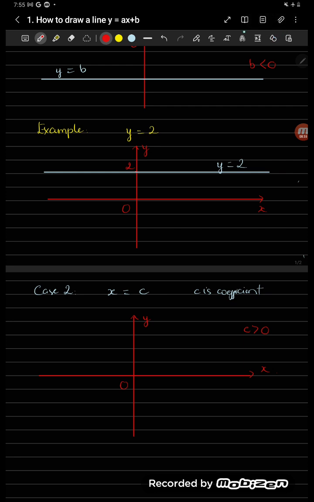In that case, the line is parallel with Oy and on the right-hand side of Oy. Let's say here. I should change the color.